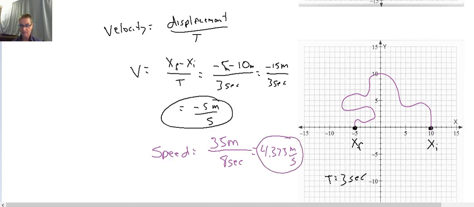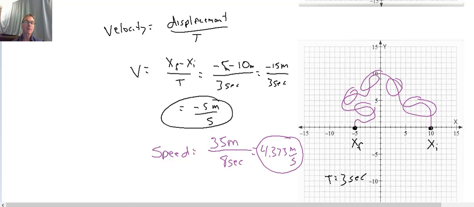Why is there no sign? Because speed doesn't really require a sign. Velocity requires a sign because velocity gave us a direction that we actually traveled in. I wouldn't know how to say what direction I traveled in here, right? I traveled all over the place. I traveled north, west, north again, some south.